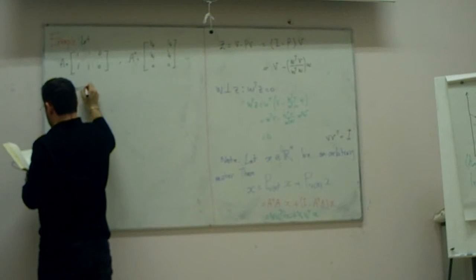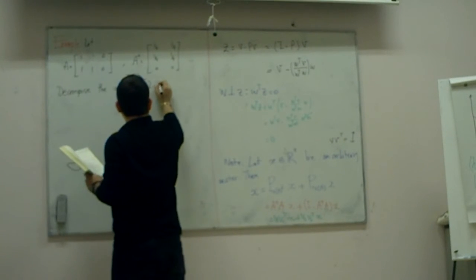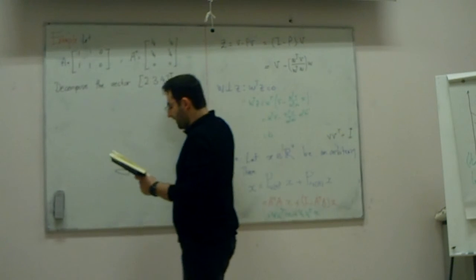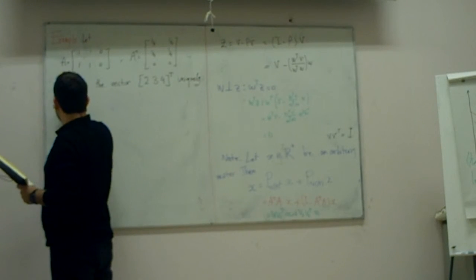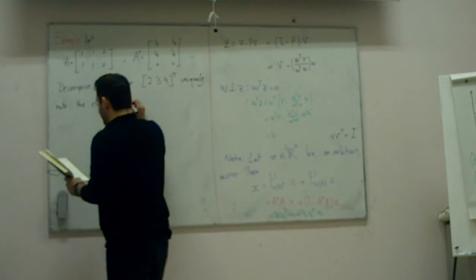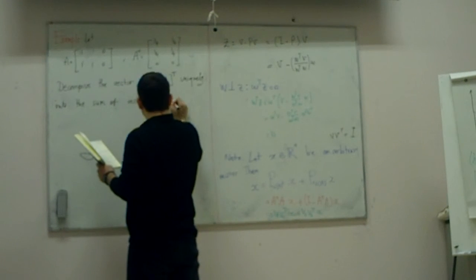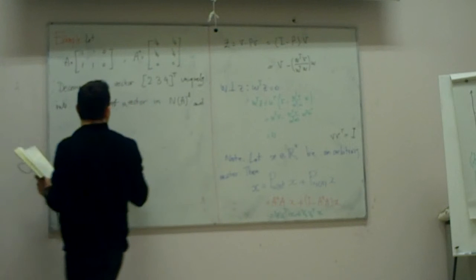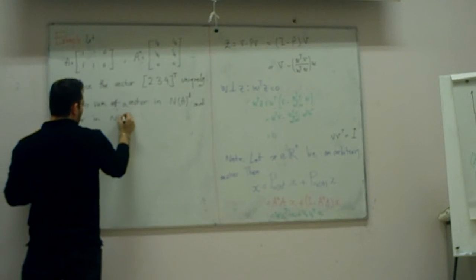Decompose the vector (2, 3, 4) transpose, so it means that it's a column vector, uniquely into the sum of a vector in NA orthogonal and a vector in NA.